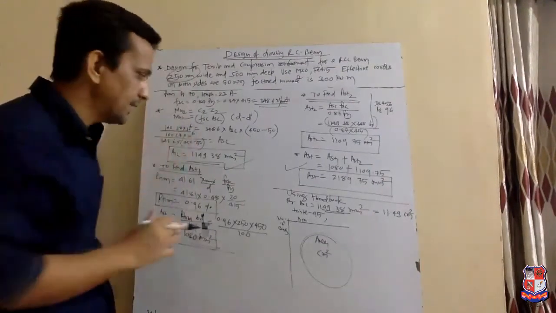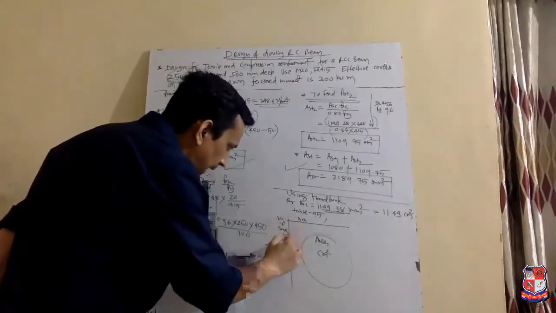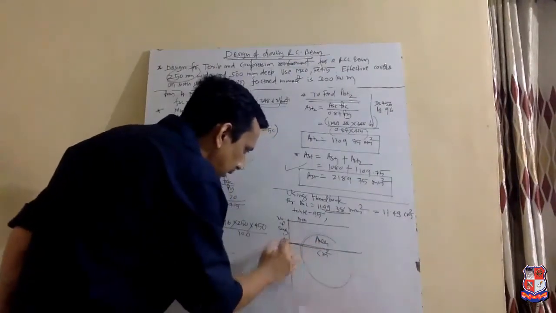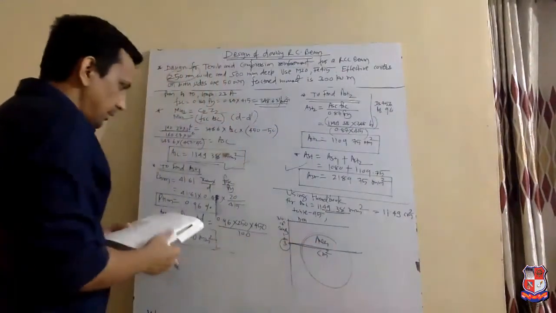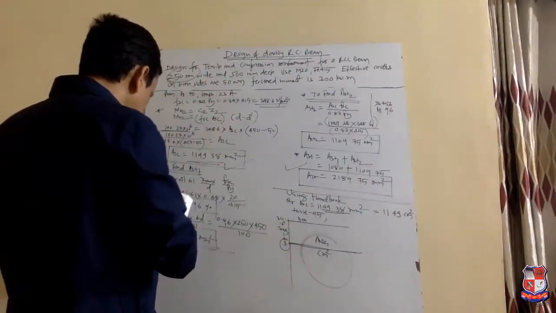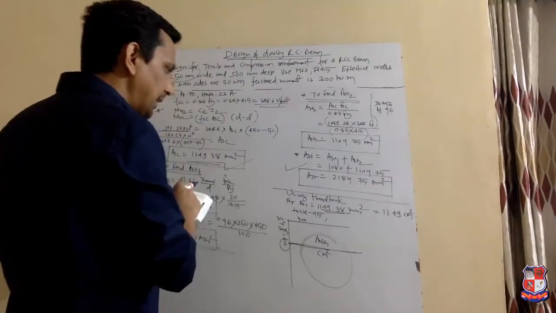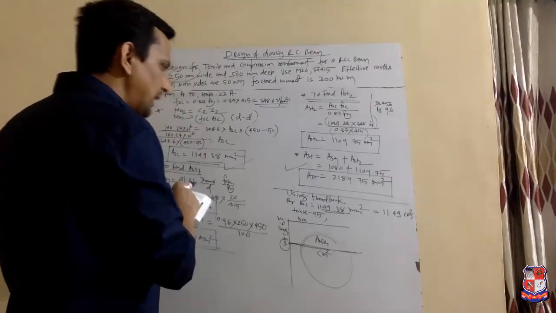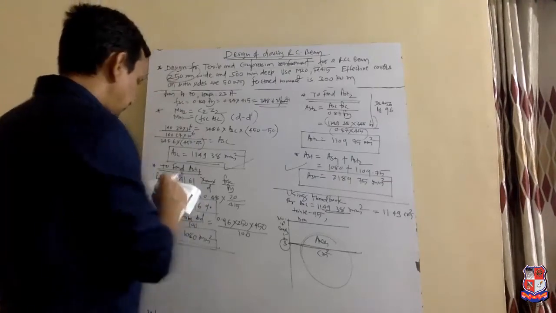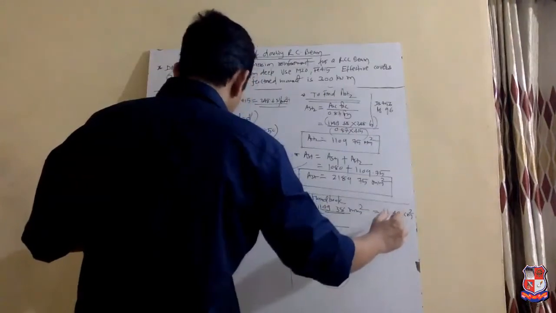So we provide 3 bars. In this column of number of bars, just look at the horizontal line in the row of 3. Select the area having more than 11.49 centimeter square. So it is 14.72.